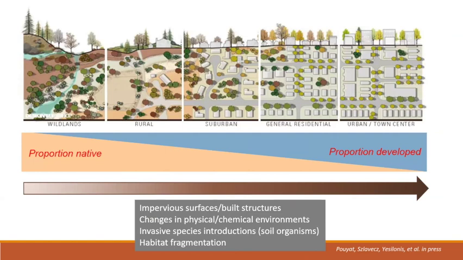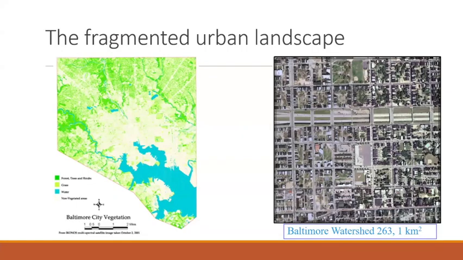And in fact, it's a patchwork where the conditions range from different proportions of pervious and impervious surfaces, different proportions of vegetation cover. And what that results in is a patchy landscape.